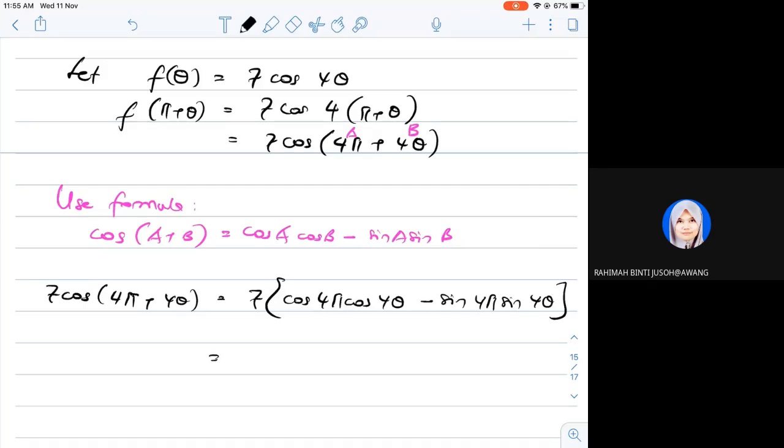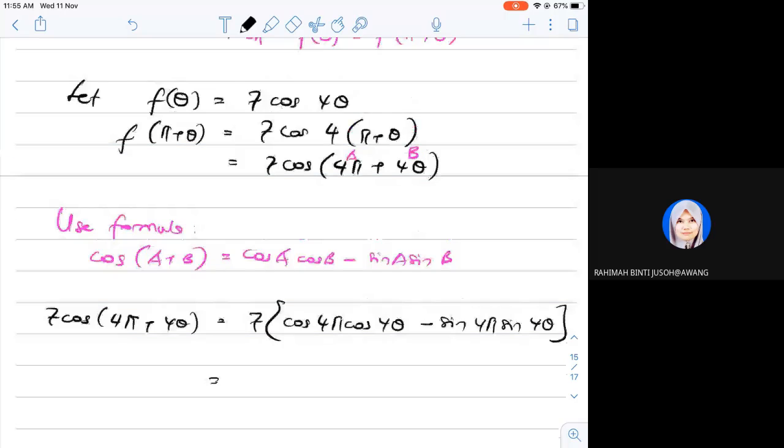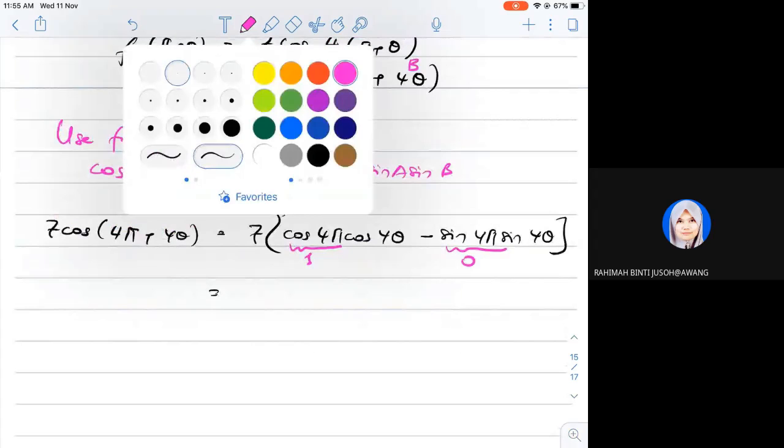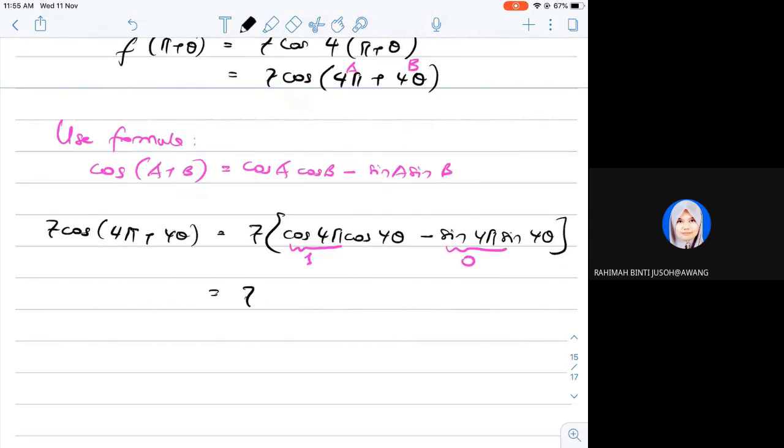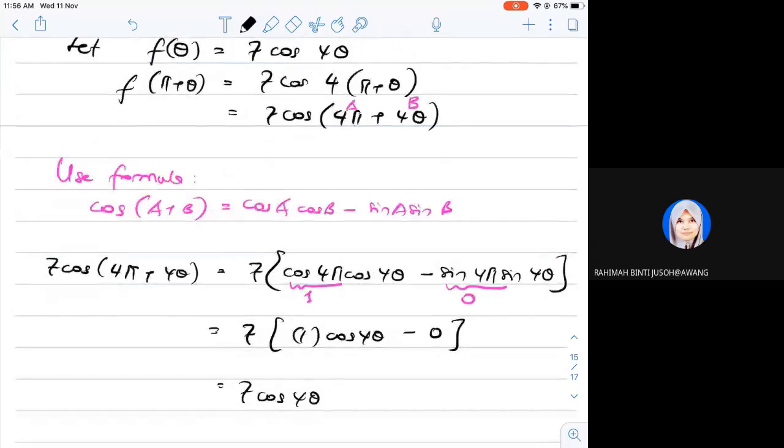So we have cos 4 pi is equivalent to 1. This is equivalent to 1 and this is equivalent to 0. Okay, so we have 7, 1 times cos 4 theta minus 0, macam tu. So we have 7 cos 4 theta. Is it the same as the original question?